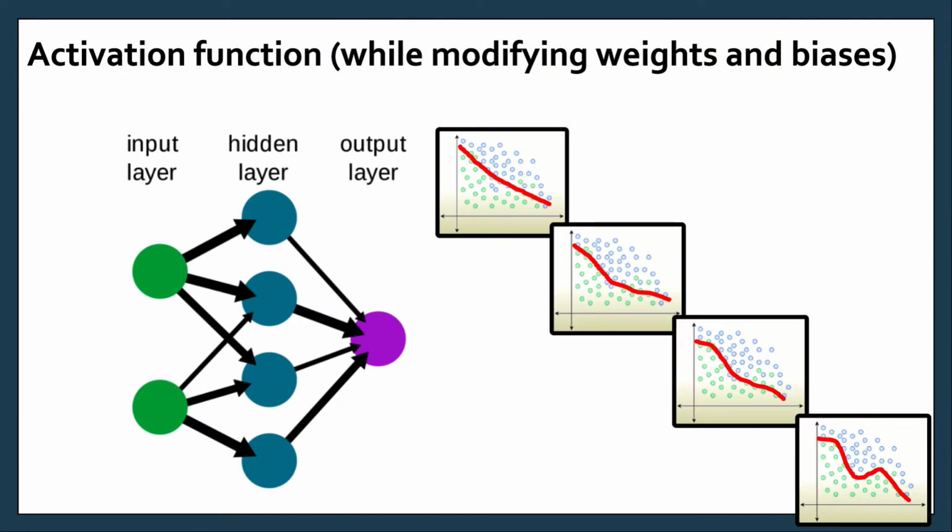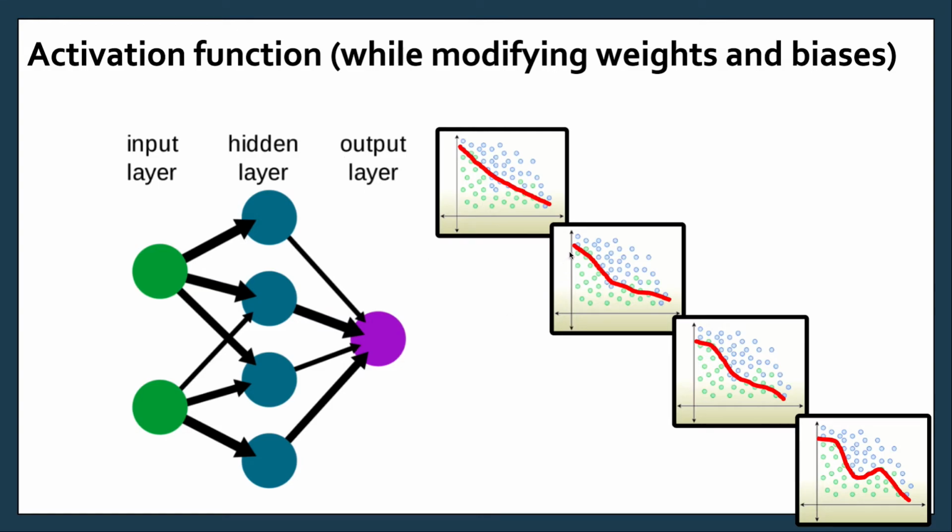Activation function while modifying weights and biases. So you would have the input layer, hidden layer, output layer. We already know that. And as we go and train, at first it looks linear, and our goal is to make it non-linear because we're trying to solve more complex data points.